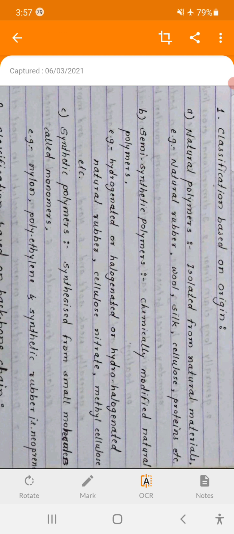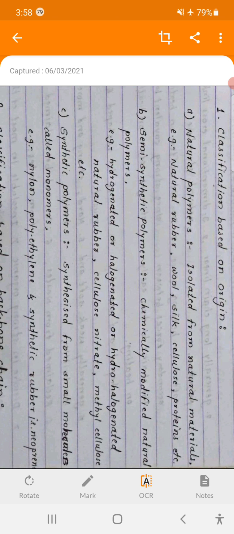Then semi-synthetic, these are polymers that are formed from some chemical modifications in natural polymers. That is, chemically modified natural polymers are semi-synthetic, not 100% synthetic, not 100% natural.